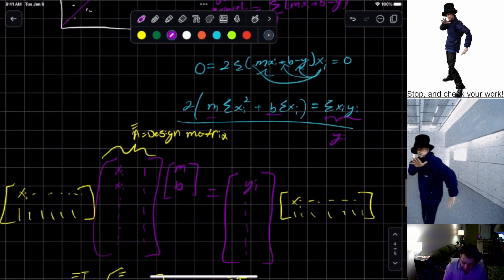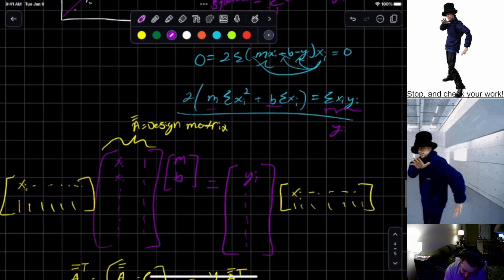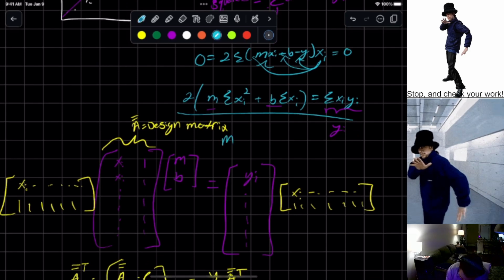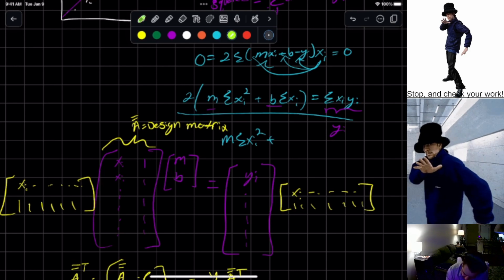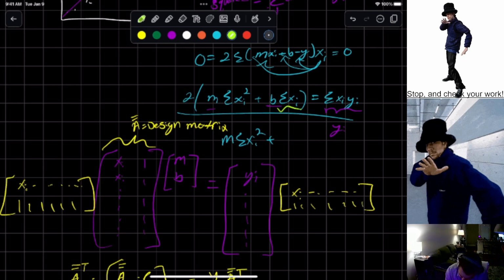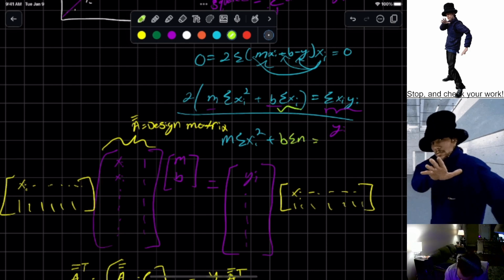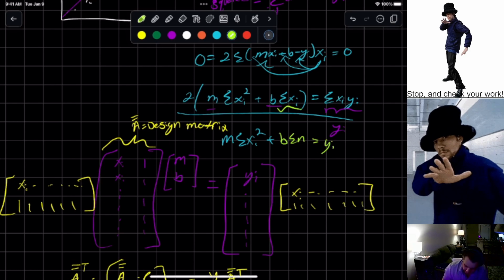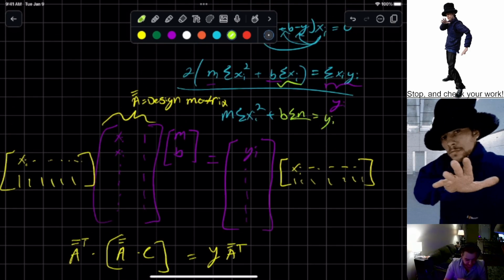So we can visually see that this equation, m sum xi squared plus, we can actually rewrite this middle term as b sum of yi, because these constants are not constant, but they change.